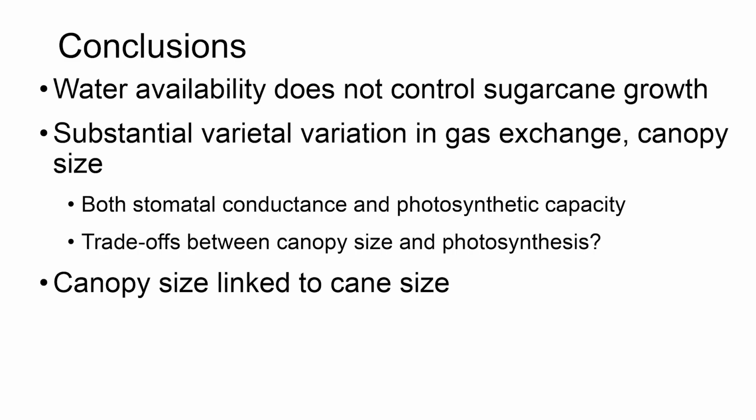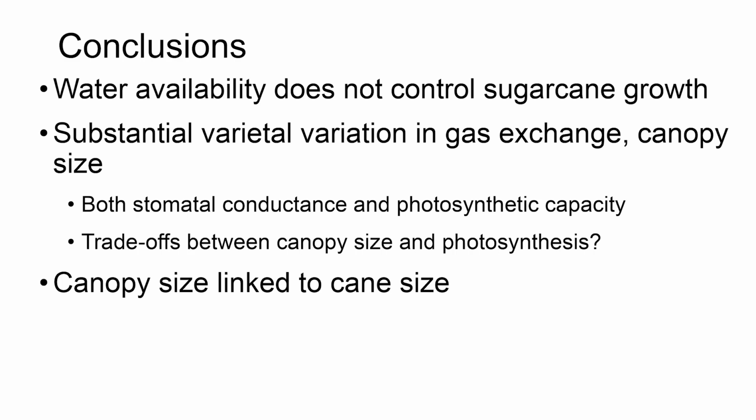And I'd just like to, in conclusion, come to some conclusions. One is that water availability does not control cane growth, and we're going to work on this more to see how some of the early season, like last year, it was pretty dry early on, and I did some watering on a couple of plots to see if I'd get a response.